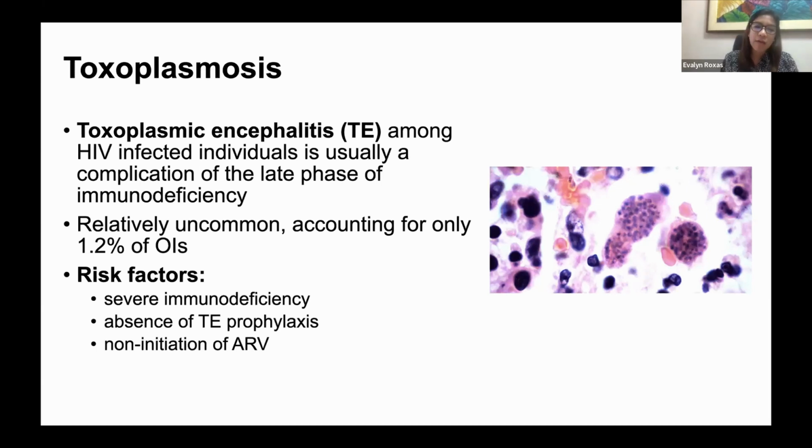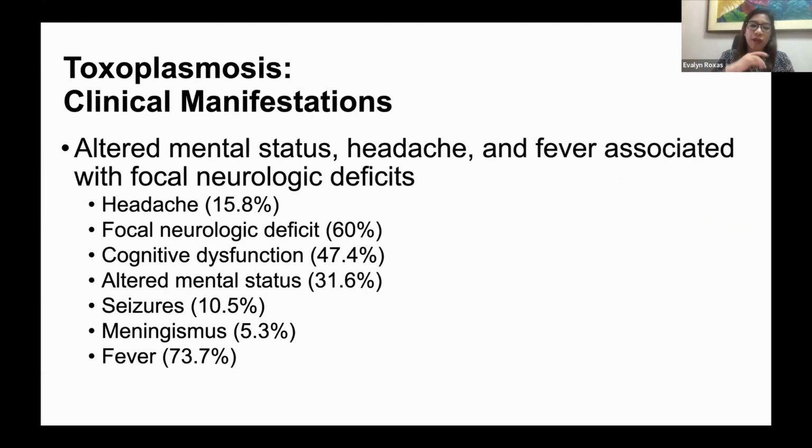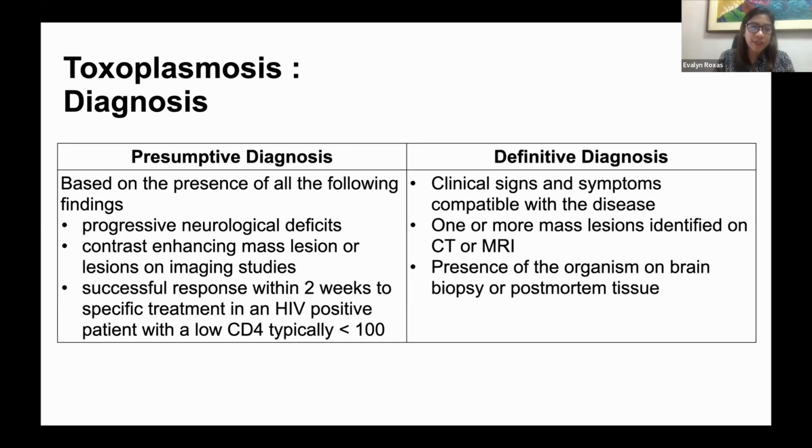It can happen among severely immunocompromised patients and those who did not receive toxoplasma prophylaxis, and those in the latter part of the spectrum, without initiation of ARV. They usually present with altered mental status, headache, and fever with focal neurologic deficits.